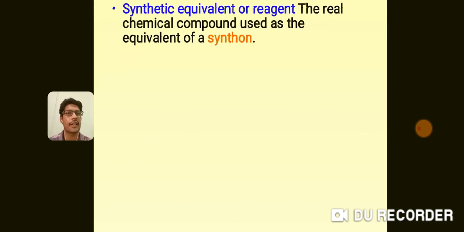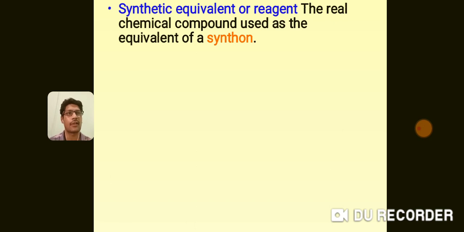Now what exactly is the synthetic equivalent or real reagent? It is the real chemical compound which we have in a laboratory. The synthetic equivalent is a particular real compound.